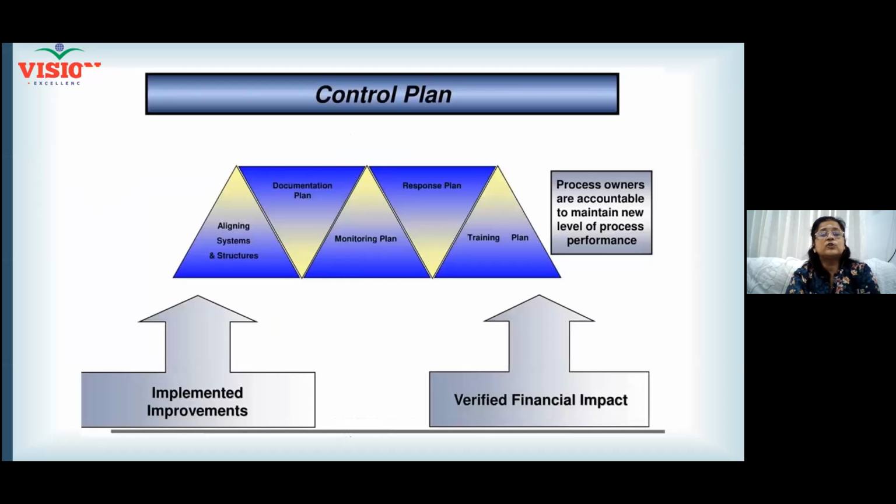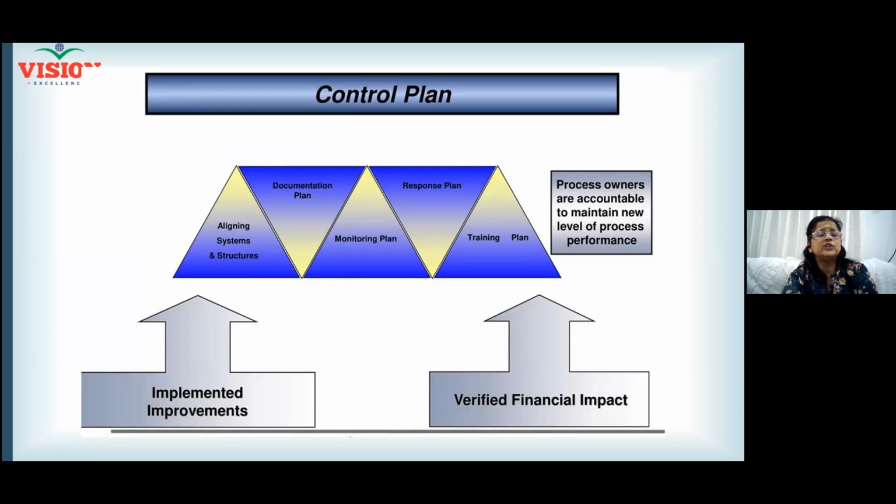Now, what does the control plan have? It really revolves around aligning your systems and structures. Appropriate systems have to be put in place. You need to put the required structures, like what are the new tools, new machines, new design drawings, new tooling mechanisms, or new materials that have been put into the process for improvement.